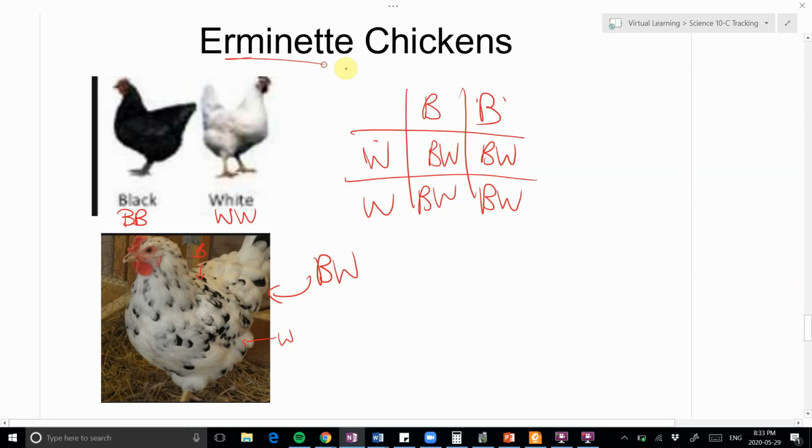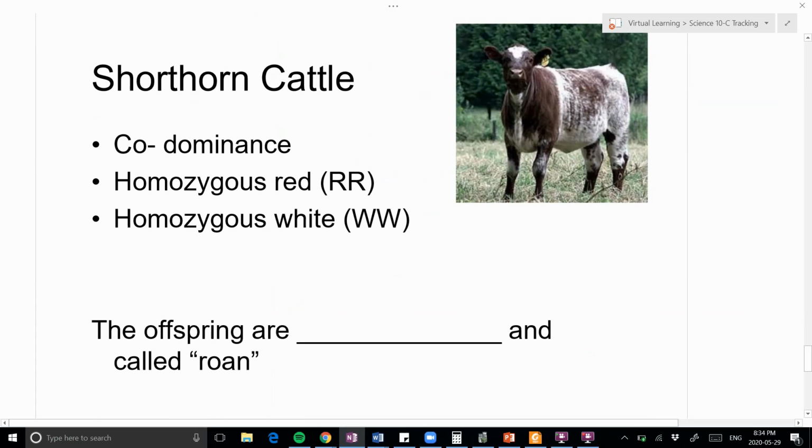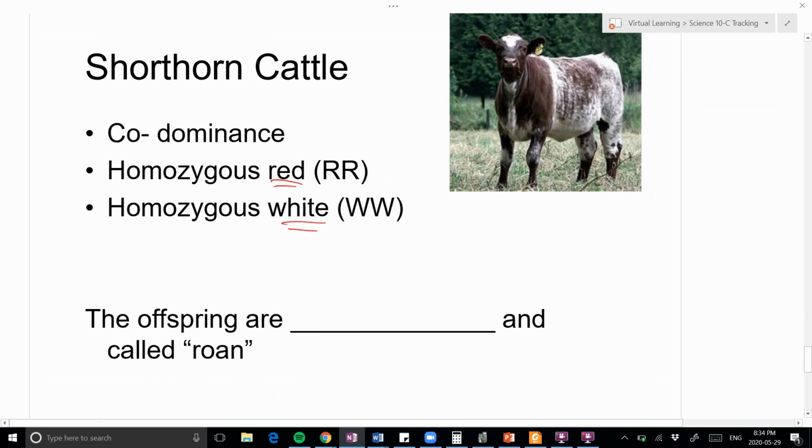And these are, once again, in the farming industry, we've got special names for all of these. So Erminette chickens are chickens that show both colorations. And when you see that, it shows that heterozygous nature, right? We've got both genes being expressed. So cattle is another one, and this also shows up in dogs all the time, where when you have a red crossed with a white, the offspring are what we call speckled or spotted.